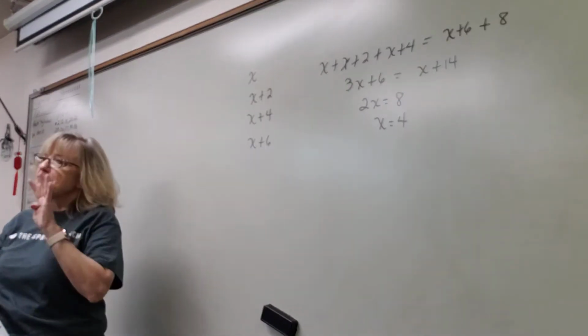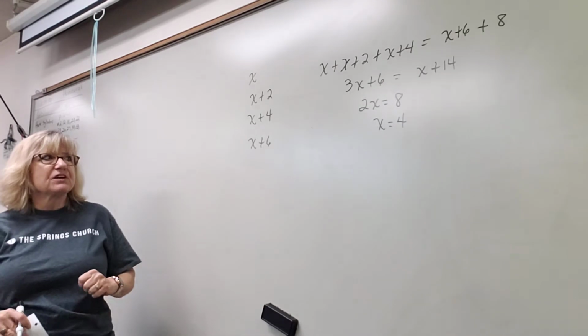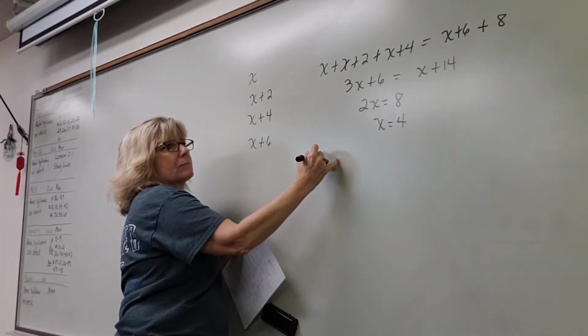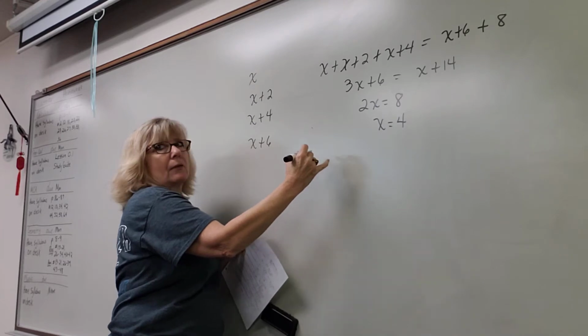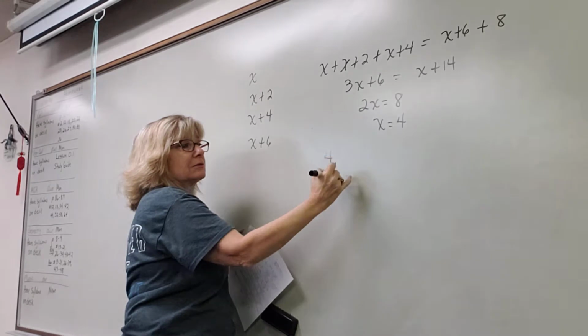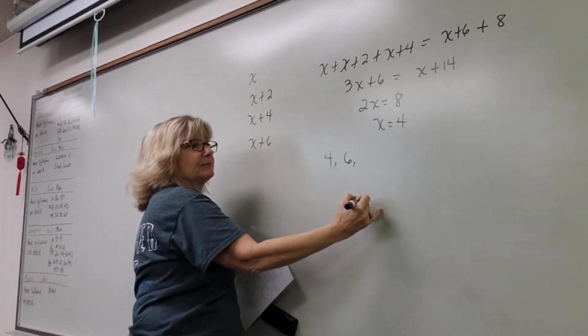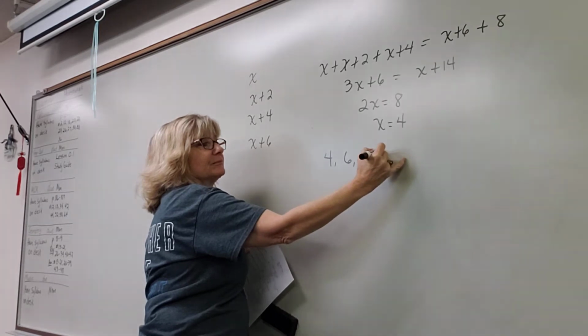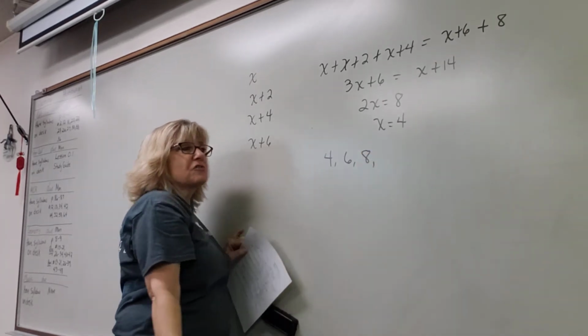So what are my 4 consecutive even integers? The first one is 4. No, 14. What is 8 plus 2?